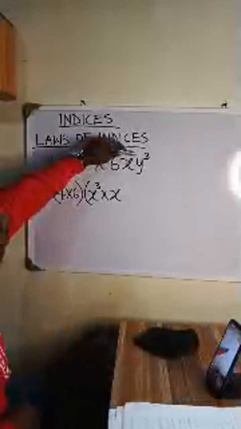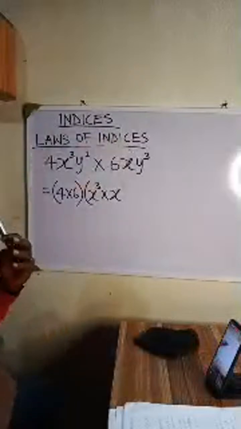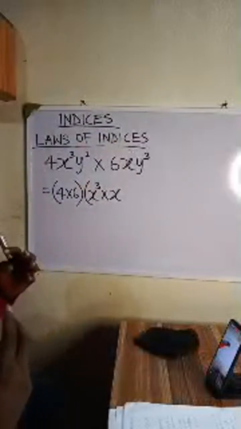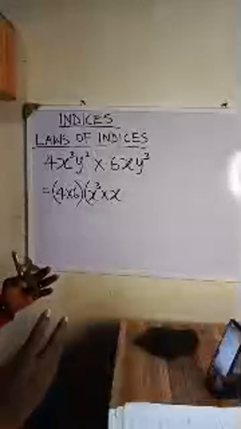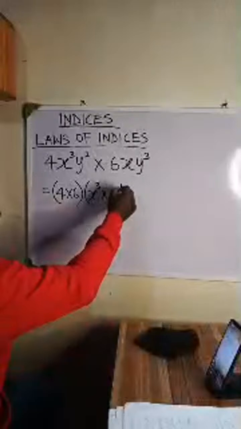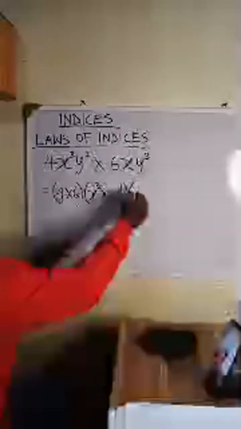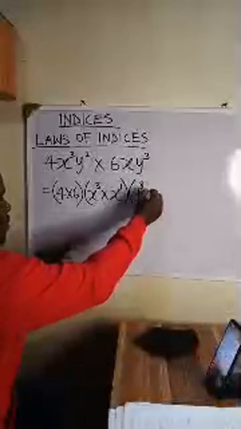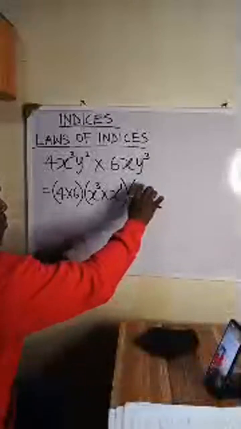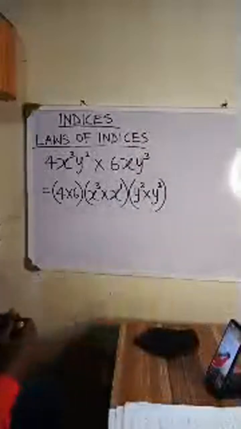Since there is no power visible there, you should have it at the back of your mind that the power is an invisible 1. And then in another bracket, y to the power of 2 times y to the power of 3.